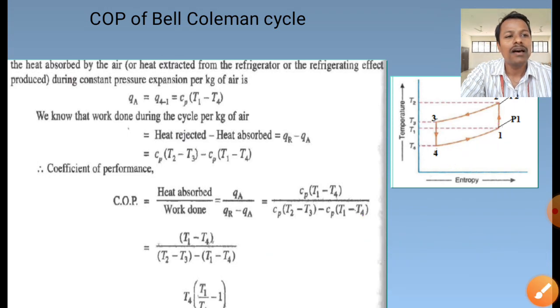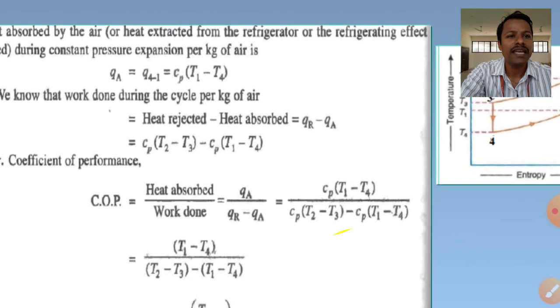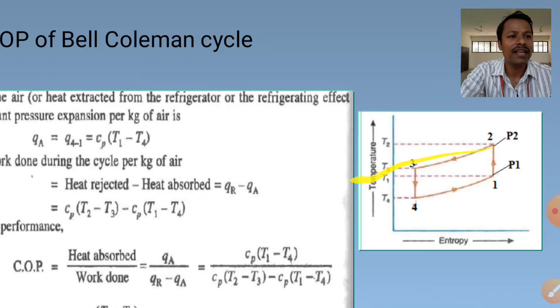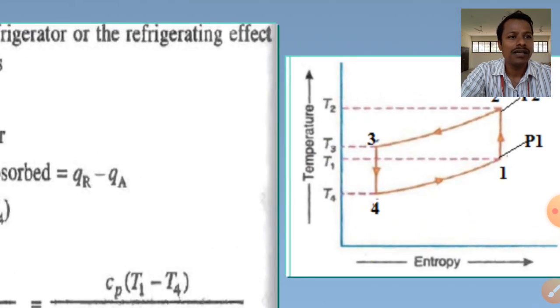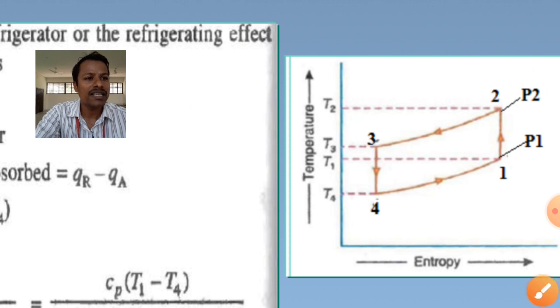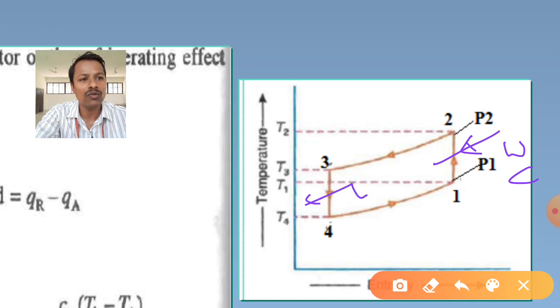Then, work done during the cycle per kg of air. So, this is the cycle, and we have work done during this cycle. Where is the work interaction? Here we are supplying WC, that is compression work, and here it is developing expansion work WE, or we can also call it WT.